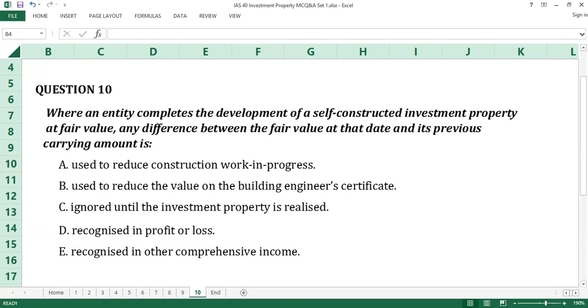E. Recognized in other comprehensive income. Time counts. Ten seconds gone. Twenty seconds gone.